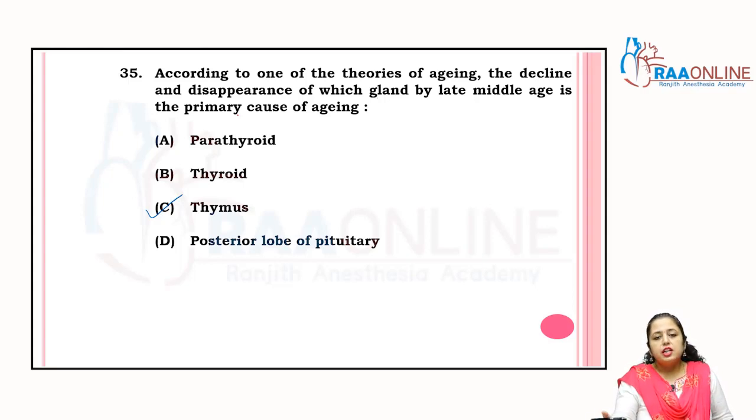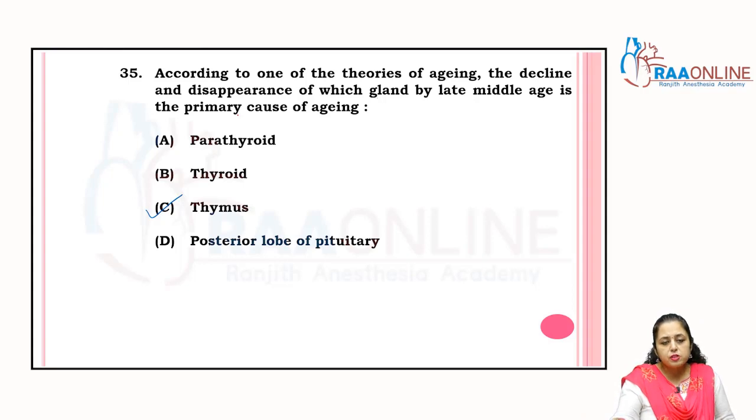Thymus gland degenerates after attaining puberty, right? Gradually degeneration of thymus is there after attaining puberty, and as the age increases, our immune system and all these things get weak, and it also depends upon external factors and our disciplined life.